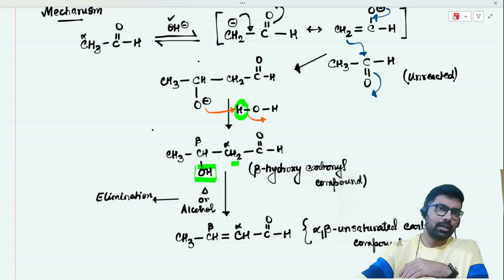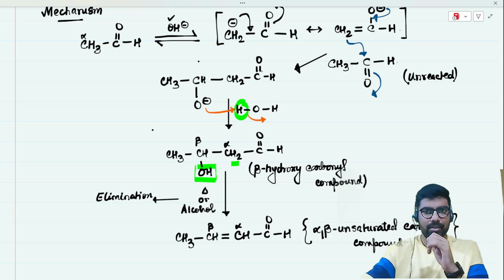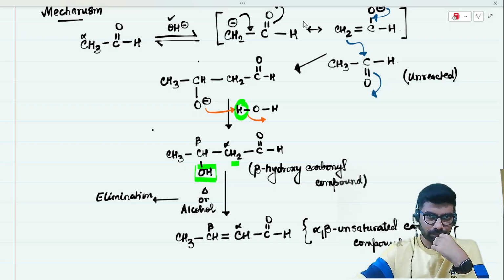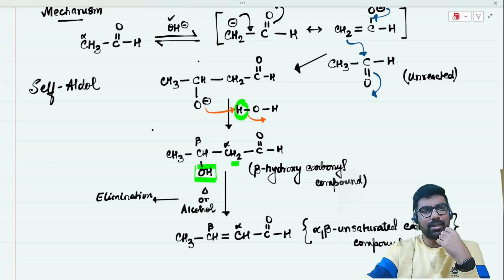Now over here, both the initial reactant and the unreacted part are acetaldehyde molecules. So we call this self aldol, because there is only one type of reactant, that is our acetaldehyde molecule.